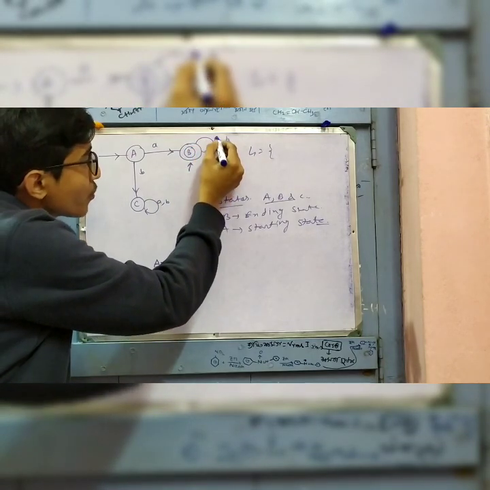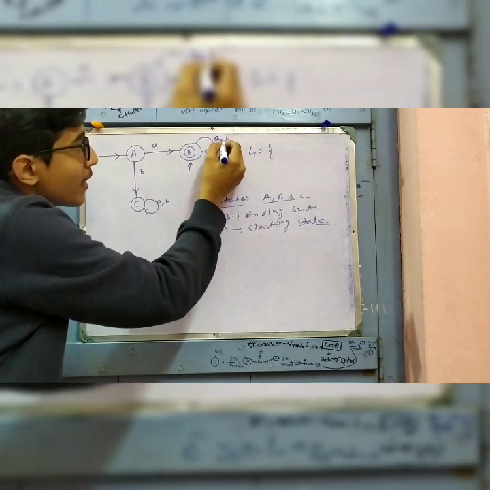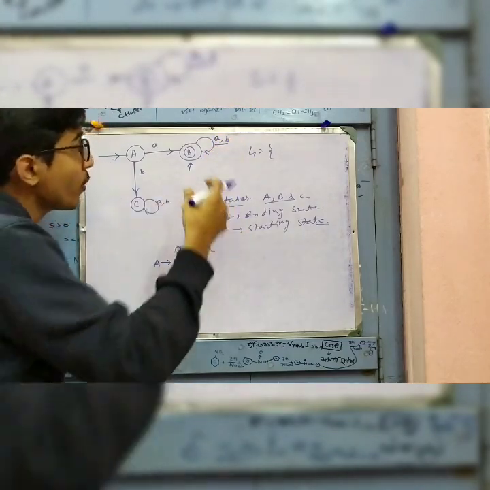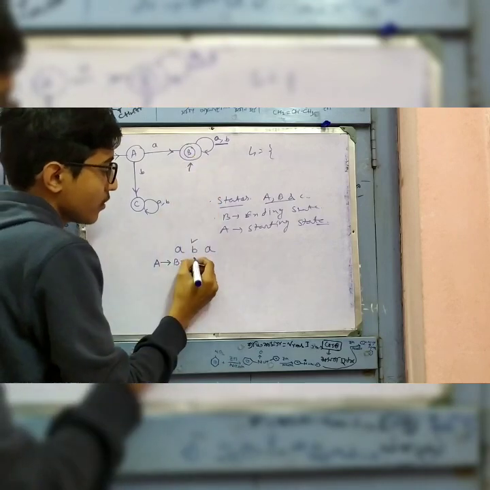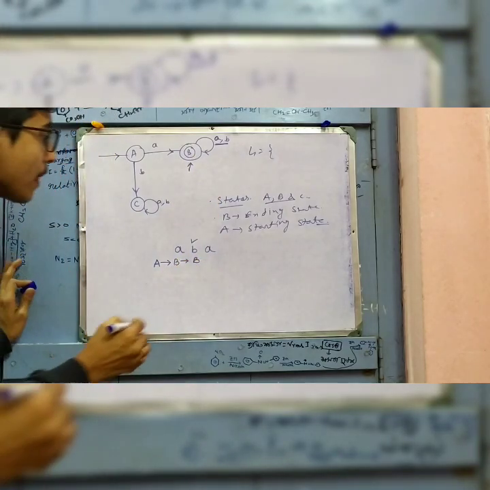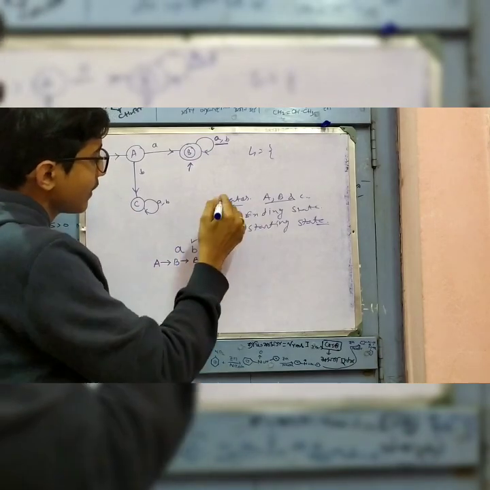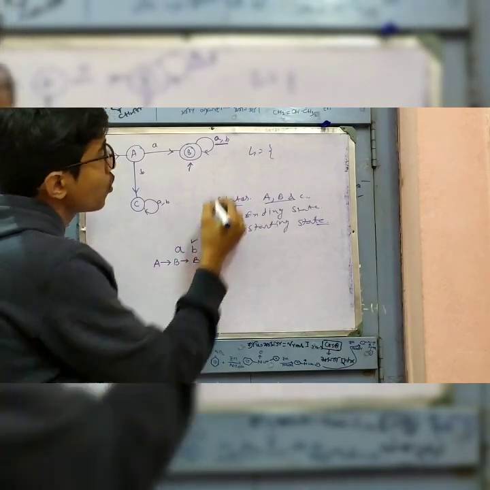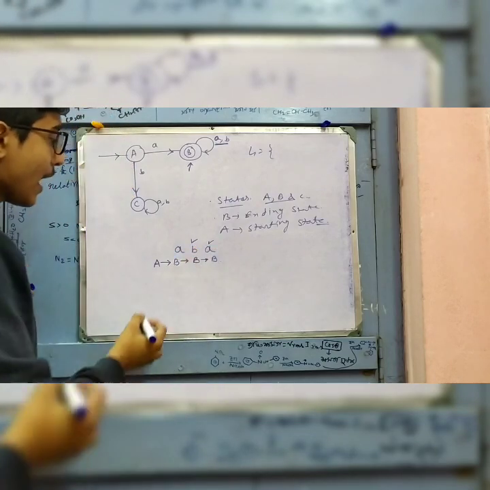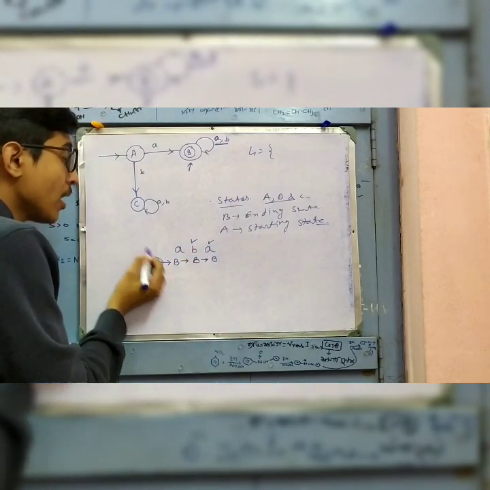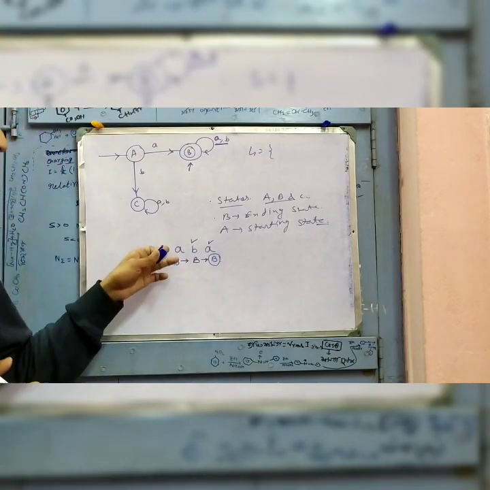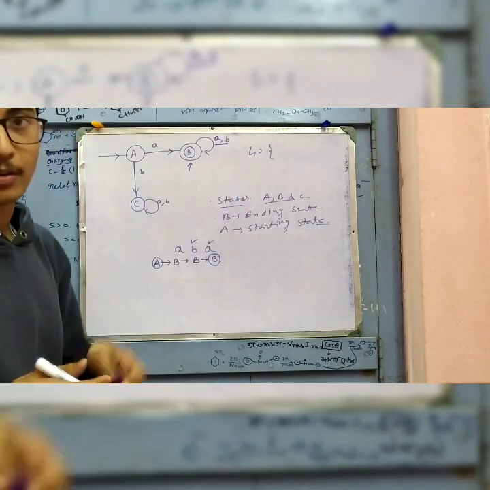So with the self loop I can go A or B both. So to go to B I can choose this path also. Fine. Let's take another. From B we have to go again on A. So you can see that I am starting from an initial state and ending in the final state. So this string belongs to my language.